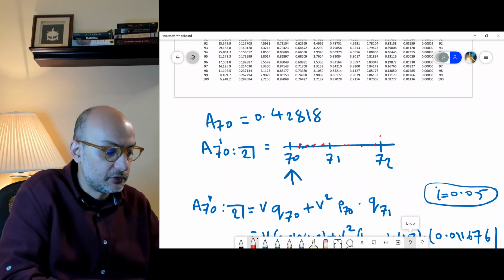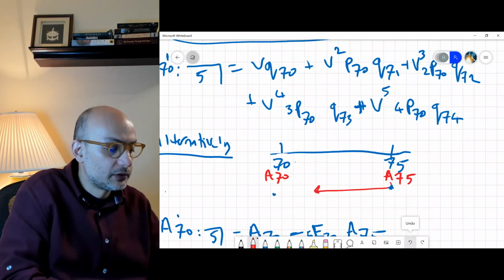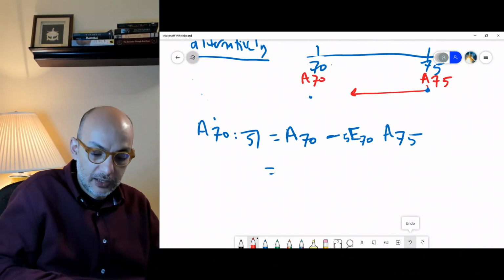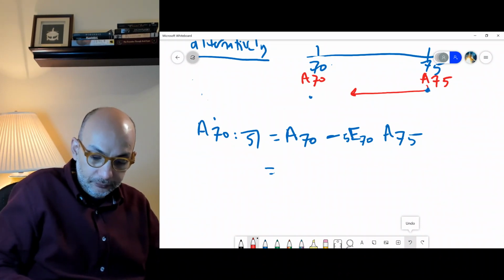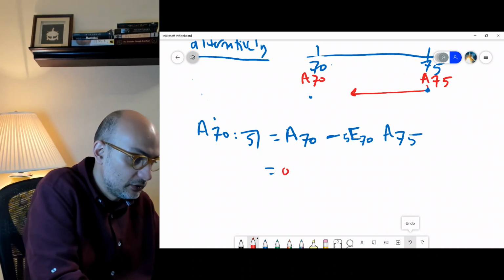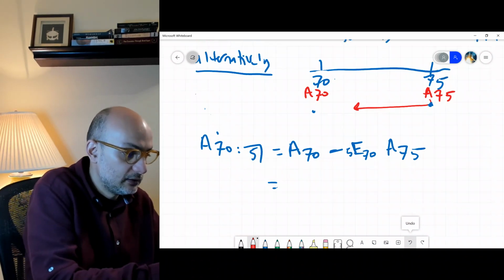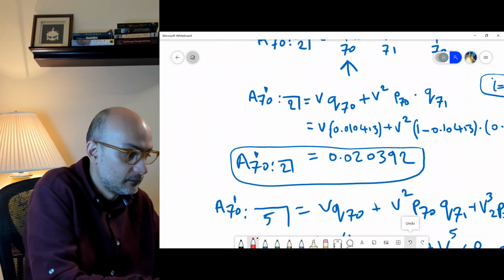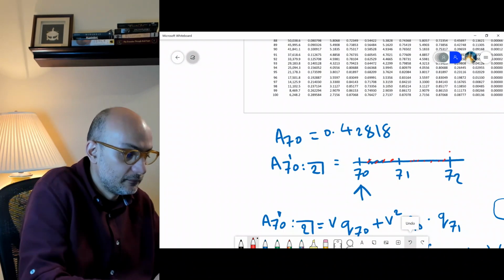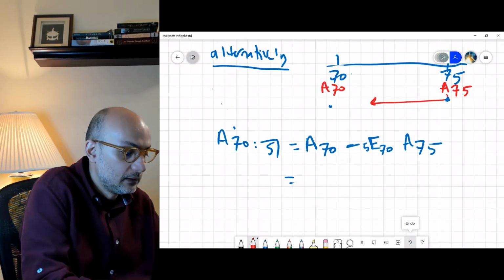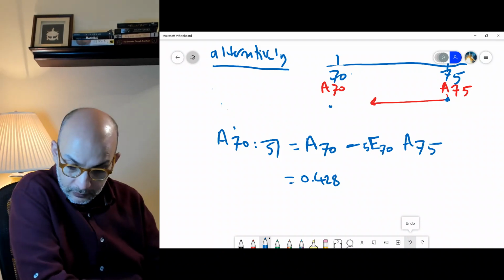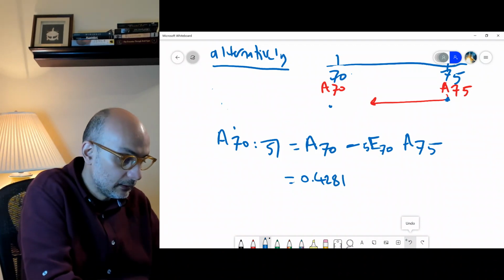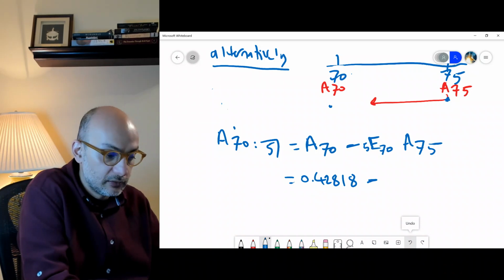Let's go back to our formula here. We already identified what we wanted from the life table. We found A70 to be, which we already did here as well, this one, 0.42818. A70 is 0.42818 minus the discounting factor.